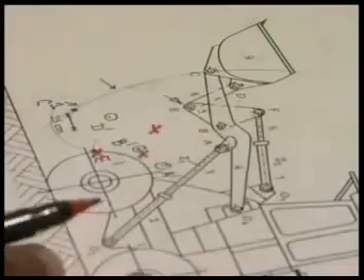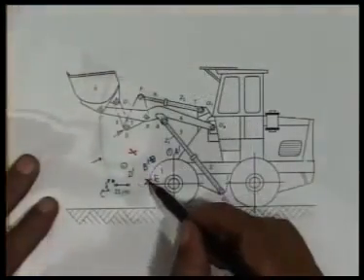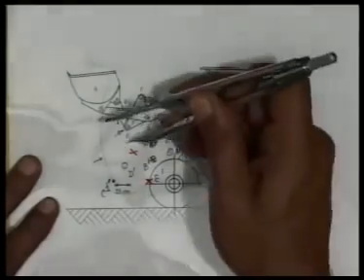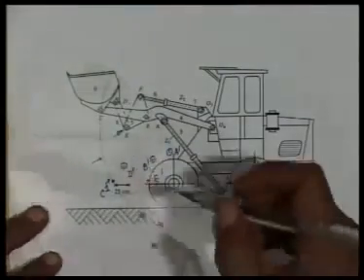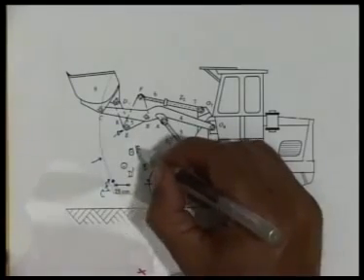So I can replace this, coinciding this B with B1, this E with E1, and wherever F goes, that becomes the location of F, which I call F1.